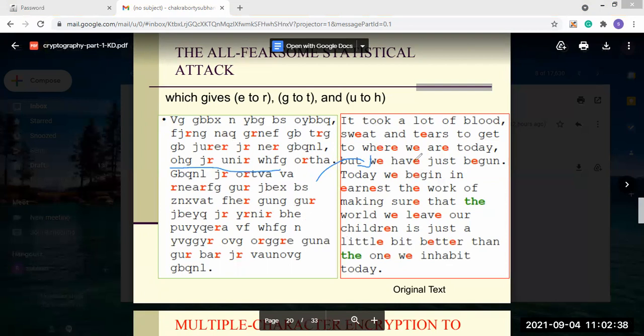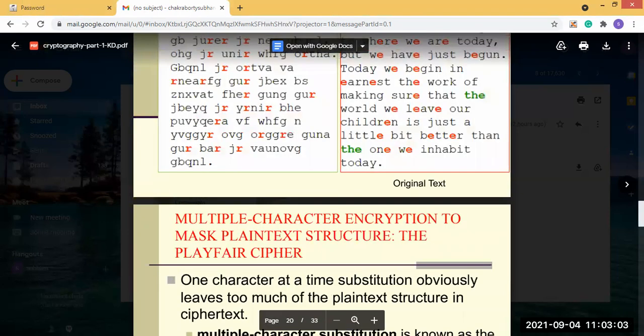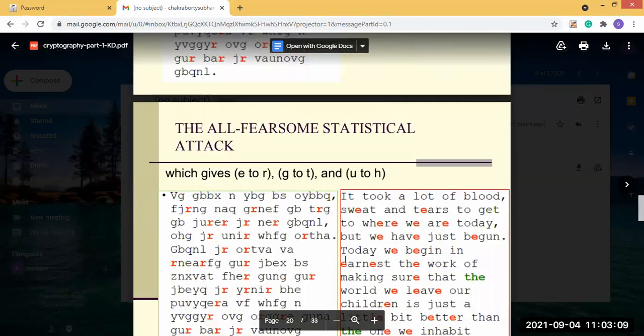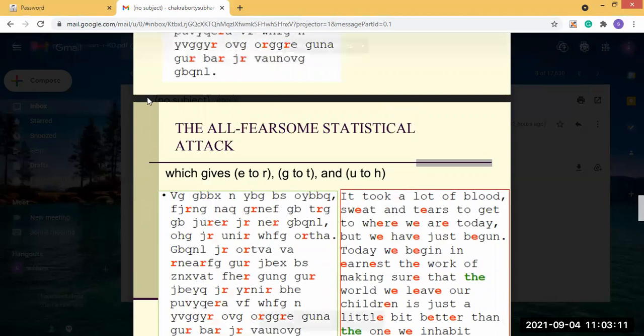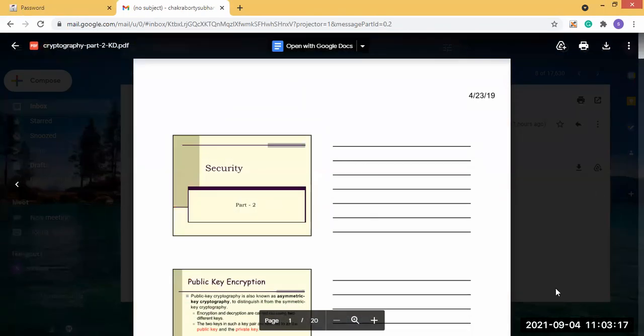So by using this process, he or she is able to break the ciphertext and use the original text. So this is the concept. This is how this can be encrypted, and from the encryption, the attacker can break it and use the intended message.